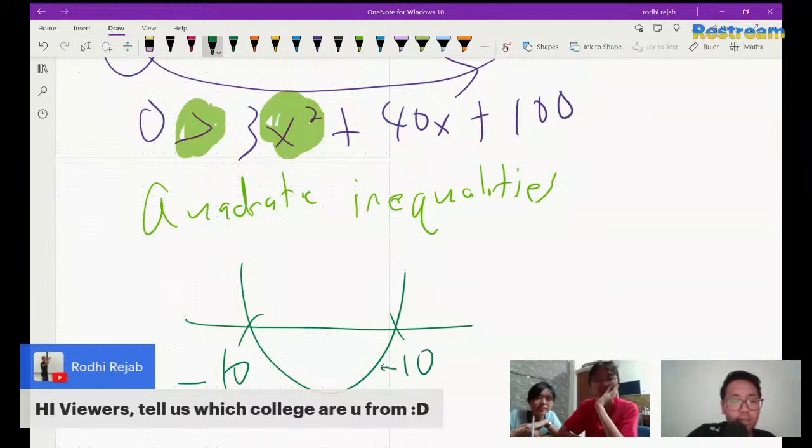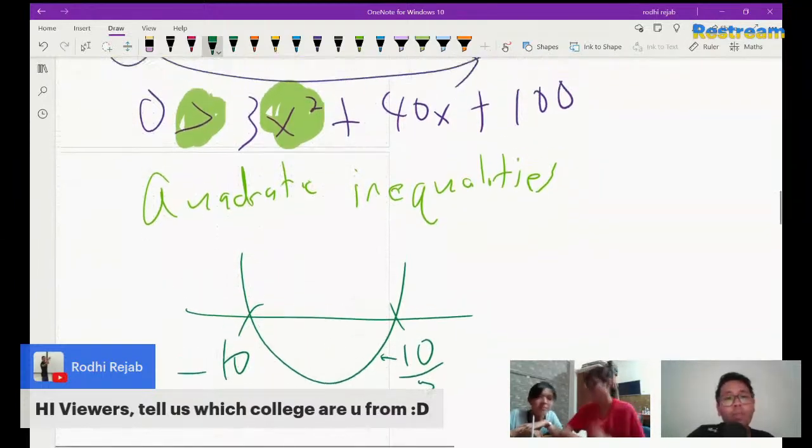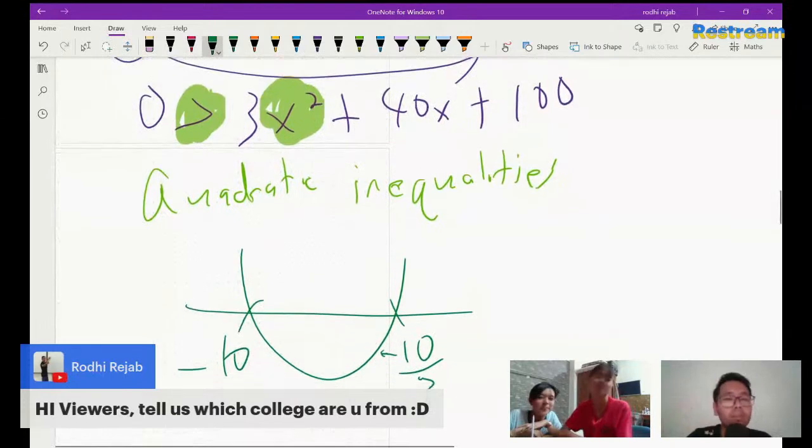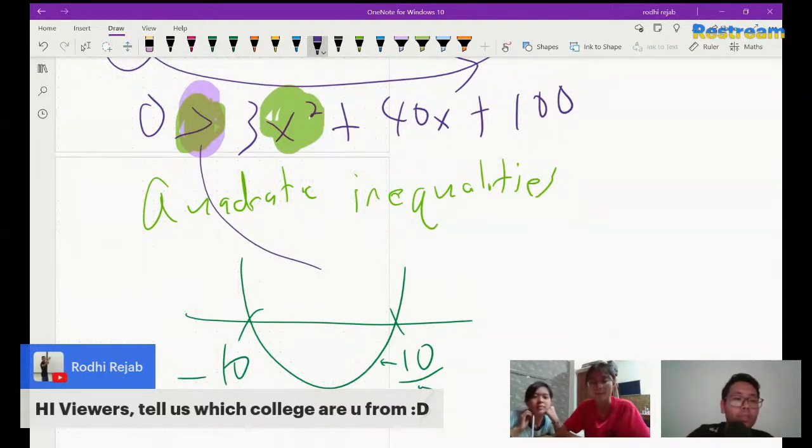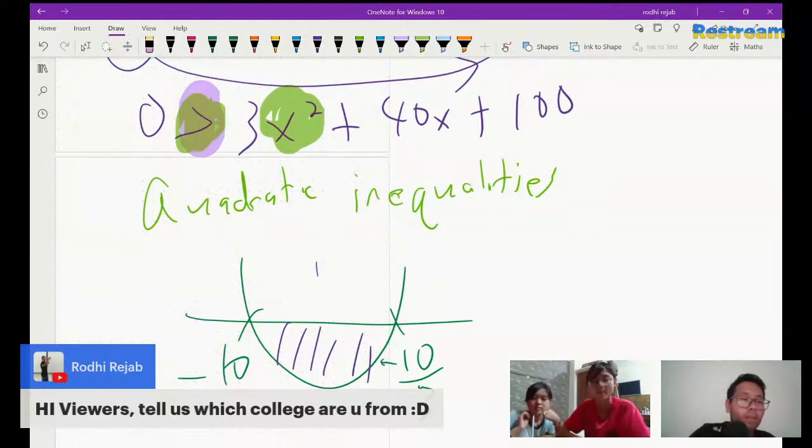Understand? Only when you see quadratic inequalities such as this. Since I want my answers to be here, it says here less than 0. So less than 0 is over here.